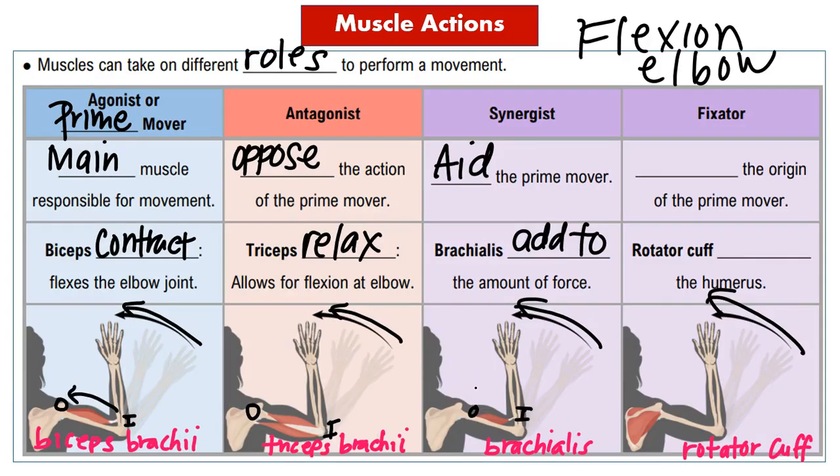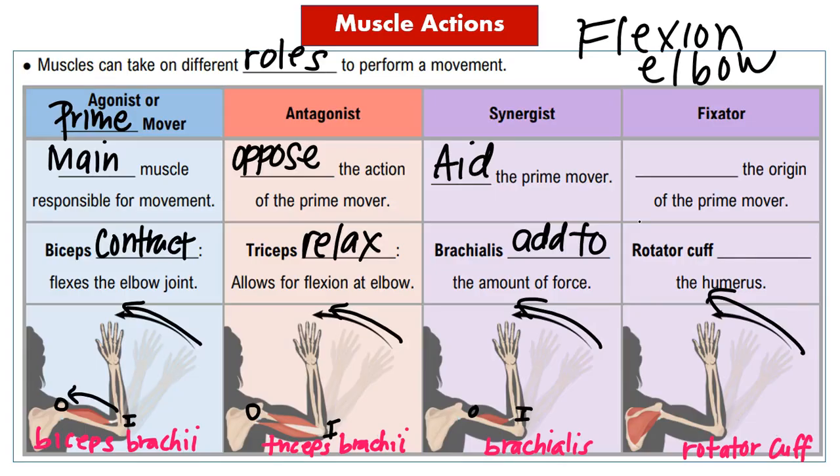But let's think about the brachialis. If it does the same exact thing as the prime mover, meaning it's responsible for movement, responsible for what type of movement? Flexing at the elbow joint, then can it also be a prime mover and not just a synergist? The answer will be yes. It's very hard to distinguish a synergist and a prime mover. Sometimes the text will specifically say, hey, this is our prime mover, hey, this is our synergist, right?